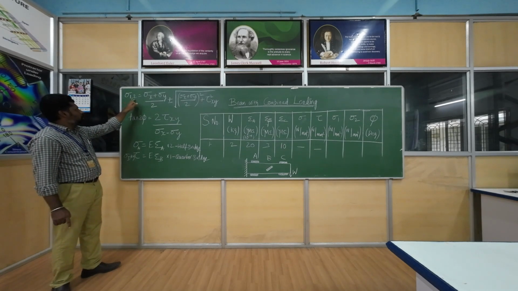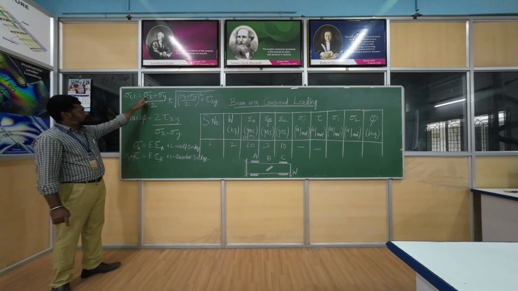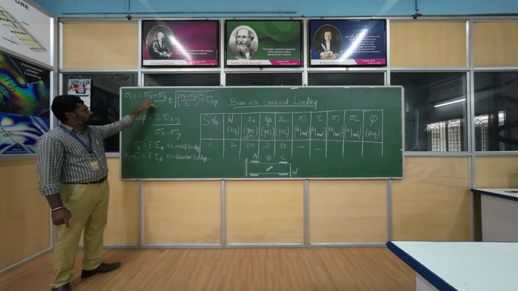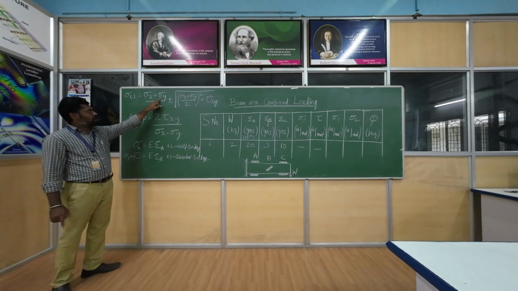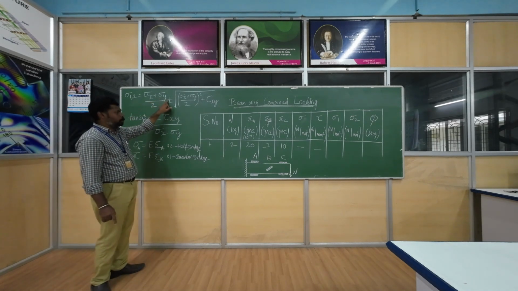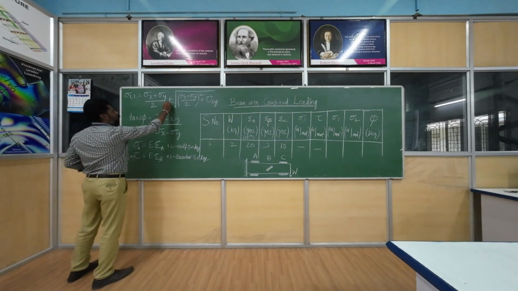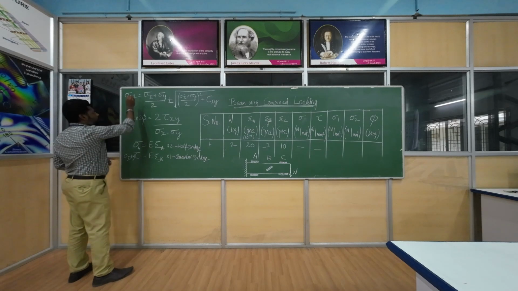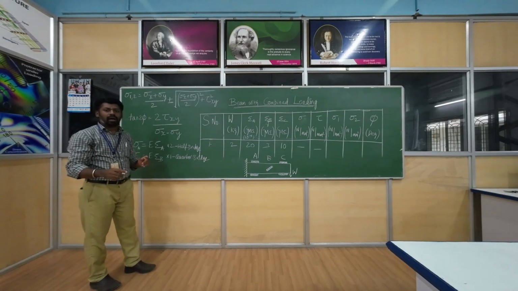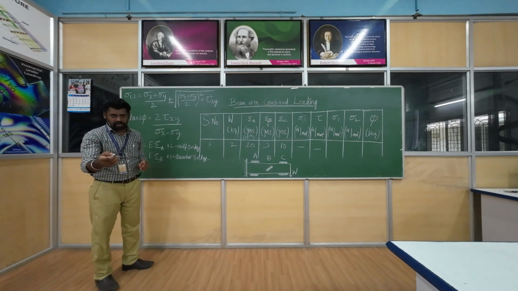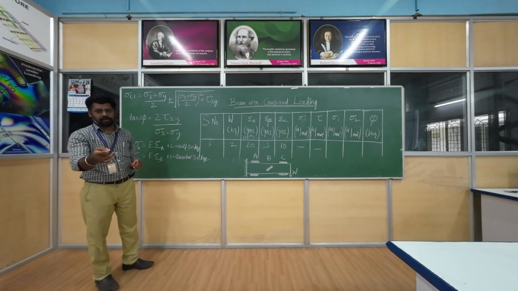Sigma 1, sigma 2 is equal to (sigma x plus sigma y) by 2, where sigma x is the stress acting in the x direction and sigma y is the stress acting in the y direction, plus or minus the square root of ((sigma x minus sigma y) by 2) whole squared plus tau xy squared. If I put plus, you get sigma 1, the maximum principal stress. If you put minus, you get sigma 2, the minimum principal stress. In other words, sigma 1 stands for the major principal stress and sigma 2 for the minor principal stress.